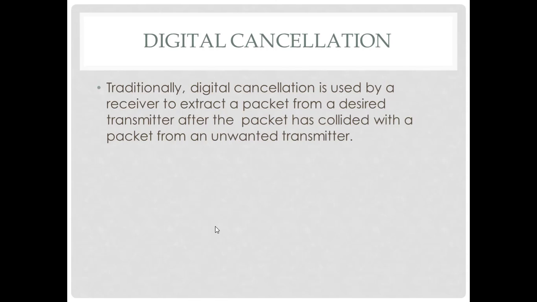The next one is digital cancellation. Traditional digital cancellation is used by a receiver to extract the packet from a desired transmitter after the packet has collided with a packet from an unwanted transmitter. To do this, the receiver first decodes the unwanted packet, remodulates it, and then subtracts it from the originally received collided signal.